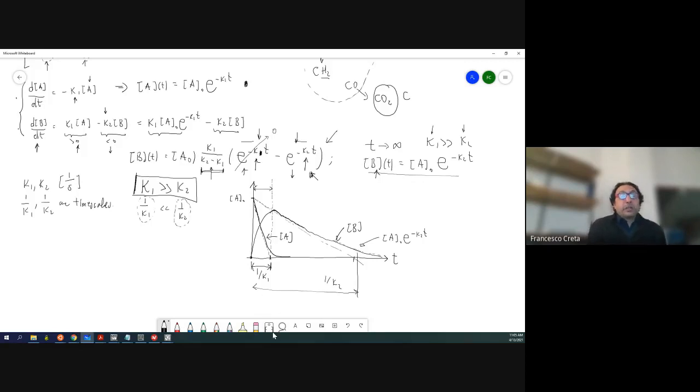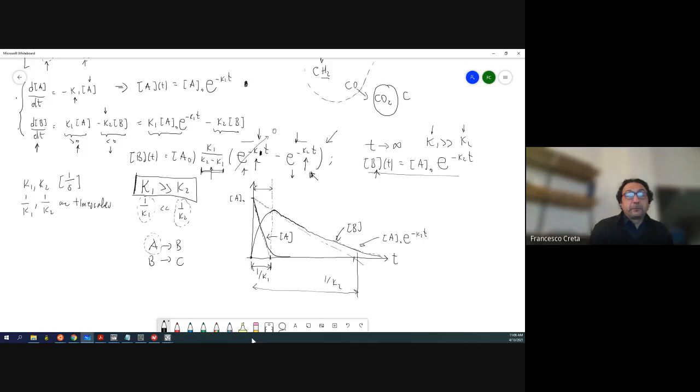Now, the situation highlights a very important aspect here. We have 2 consecutive reactions, the first one being much faster than the second one. So I'm going to rewrite them. What's going on here is that you start from your reactant A, your fuel, for example, and very rapidly this is going to be depleted.